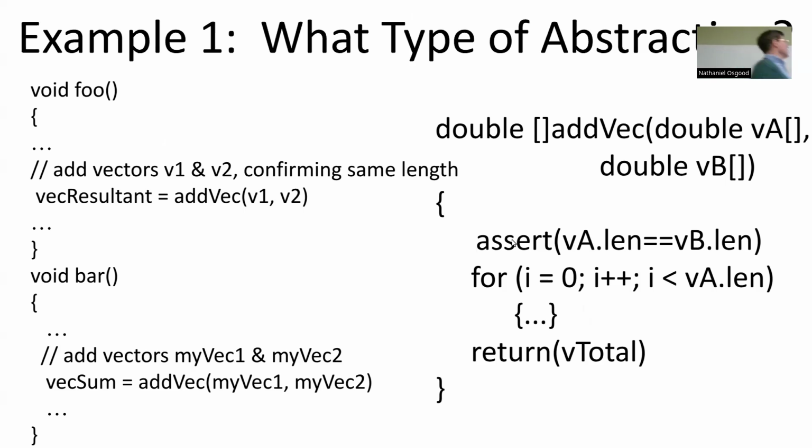Whatever the details of the particular vectors are, whatever their names are, you can pass them in as the arguments to this function, right? So it abstracts over the vagaries of these details, the happenstance of what the names are, the vectors you're passing it. As long as there's two double arrays, we can pass them in here, or two double vectors, depending on your language, right? So this hides details.